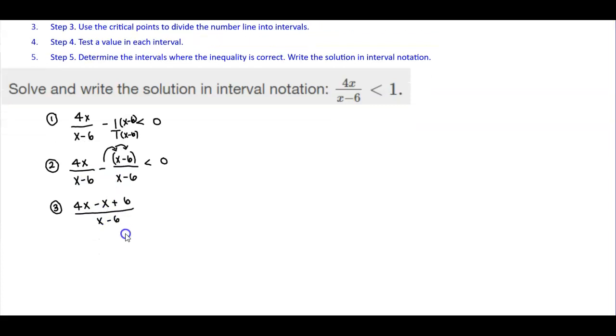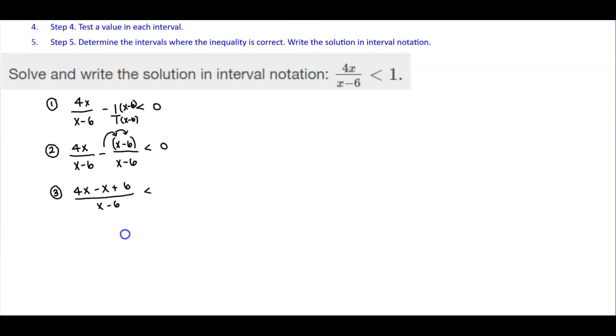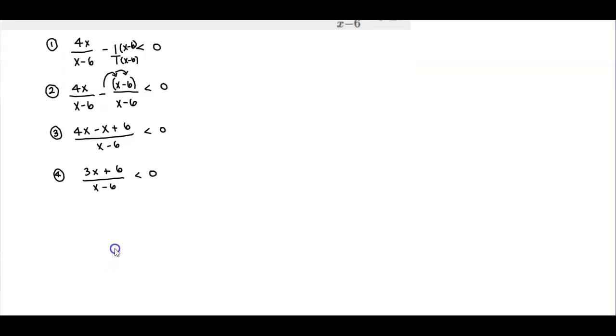Combining like terms, we get 3x plus 6 over x minus 6, which is less than 0. If we want to go a little further, we can factor out the 3, and we get 3 times (x plus 2) over x minus 6, which is less than 0.